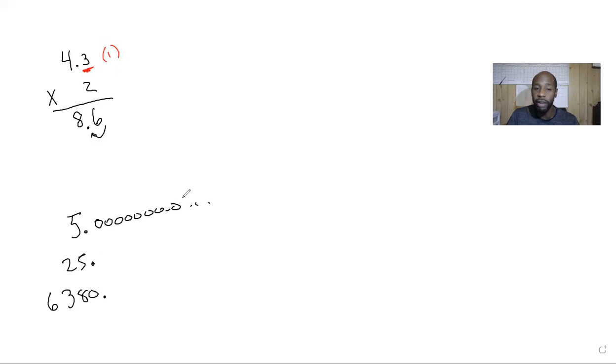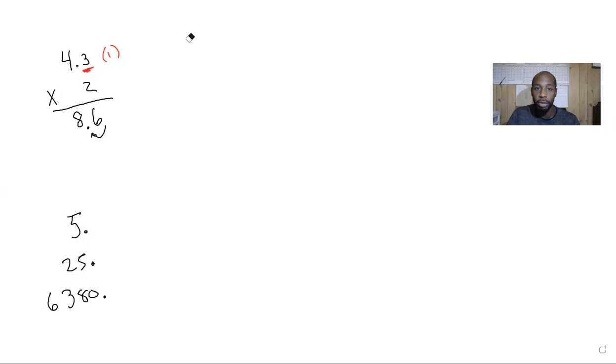You just don't put that there because it's just equal to 5. But there's a decimal point there. So the decimal point in your answer is always starting at the end there. And whenever you calculate how many times you need to move your decimal point, that's how many times you move that decimal point to the left, okay? So 4.3 times 2 is 8.6.